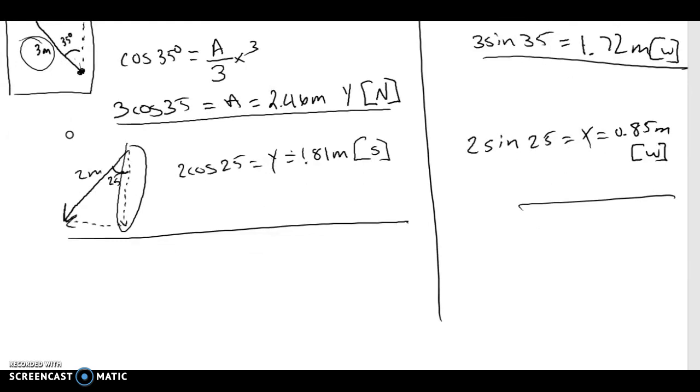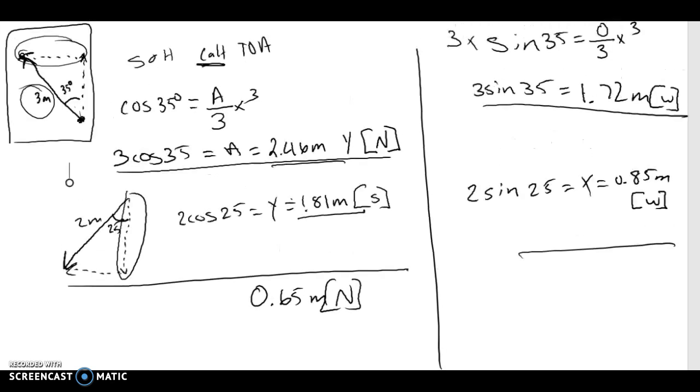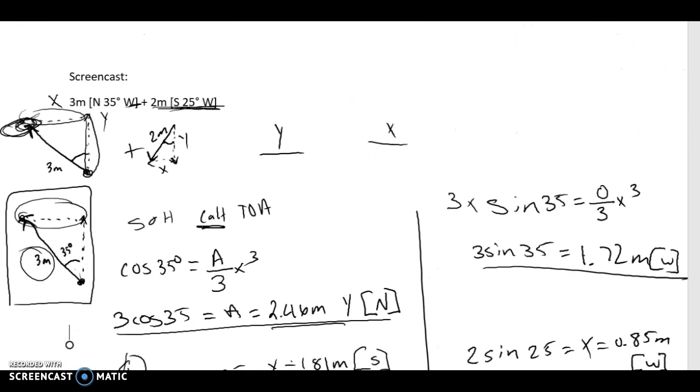So if you were to take those two directions and add them, what you're really doing is, to get the total from where you started to where you ended, all you really need to walk is this much south and this much north. But instead of adding those two together, you just take the overall. So if you were to walk 0.65 meters north, you would get to the same spot that you would if you added these two vectors.